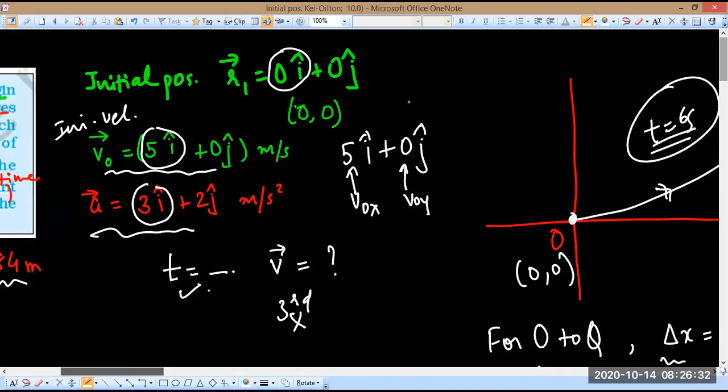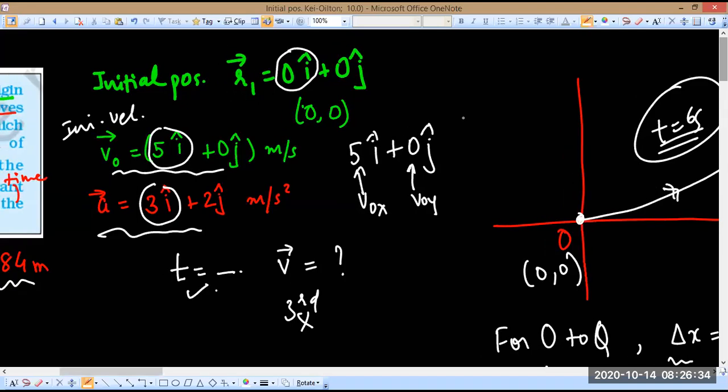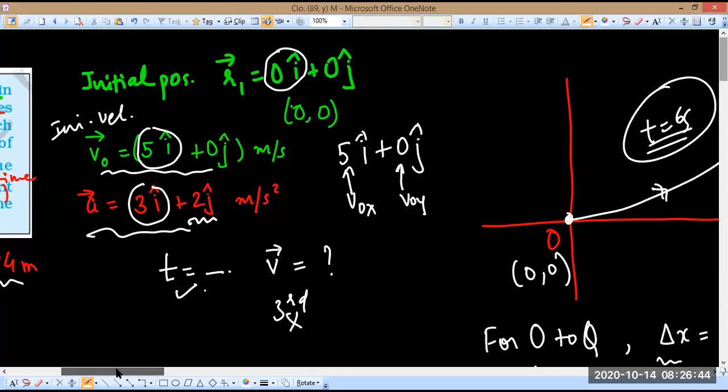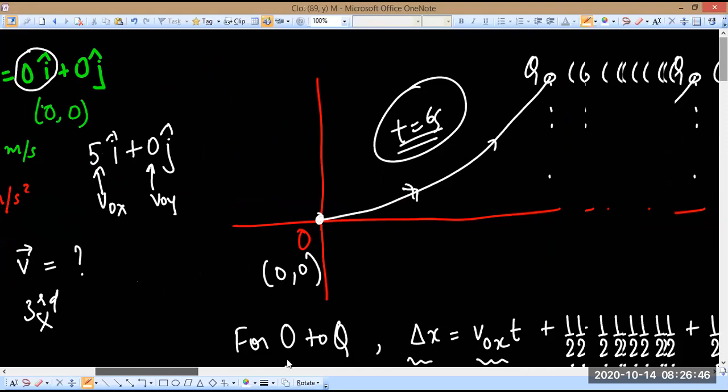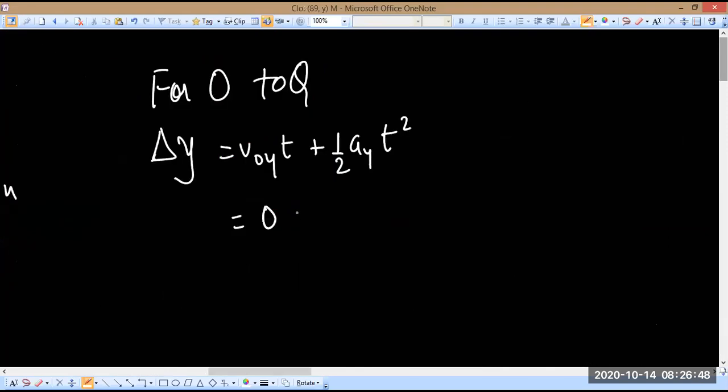What's V0y? 0, very good. It is 0, right? And ay is 2. So let's put values here. Clear? So that's it. We have got delta y is 36 meters.